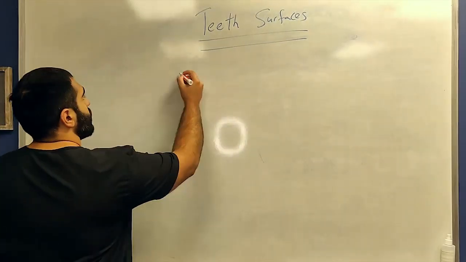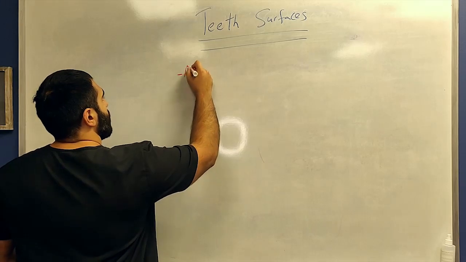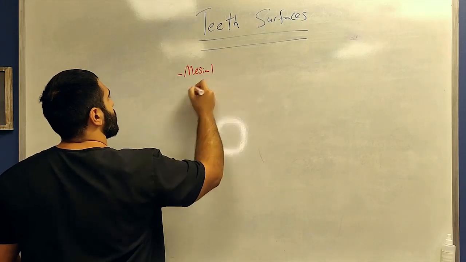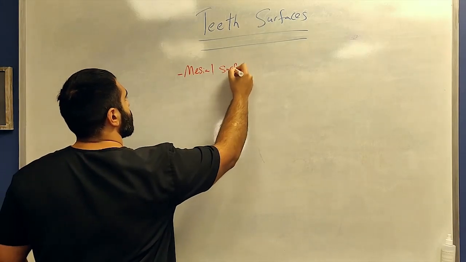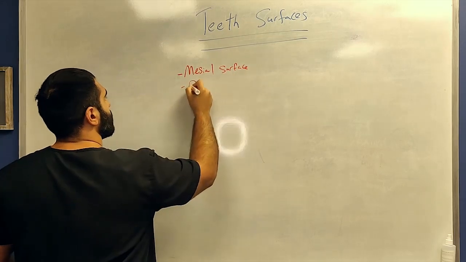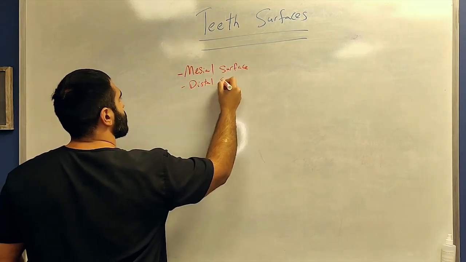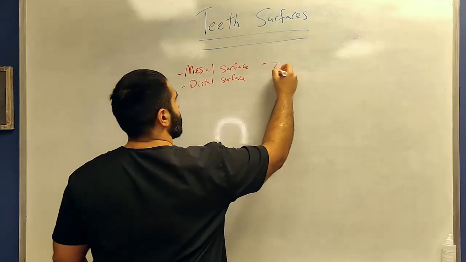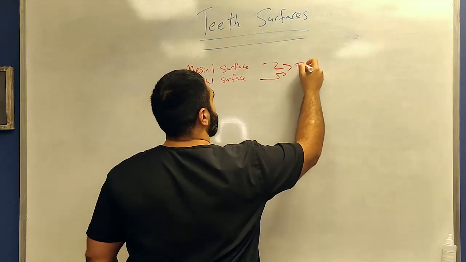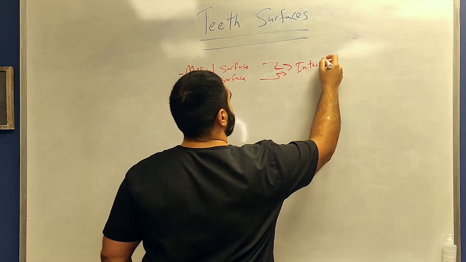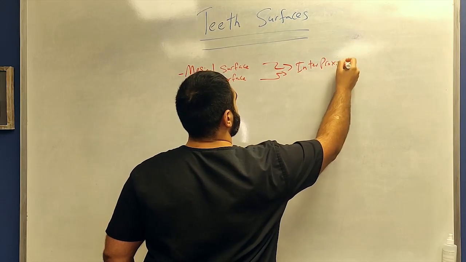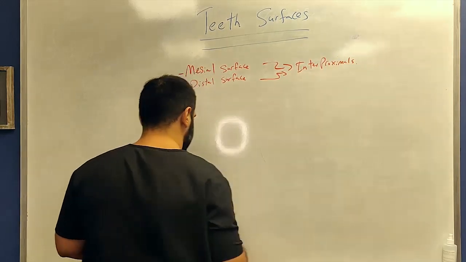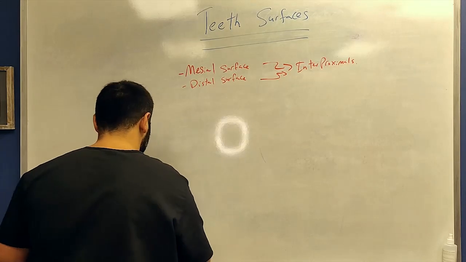So we have the mesial surface and the distal surface. Now, these are your interproximals, or interproximal surfaces, right?